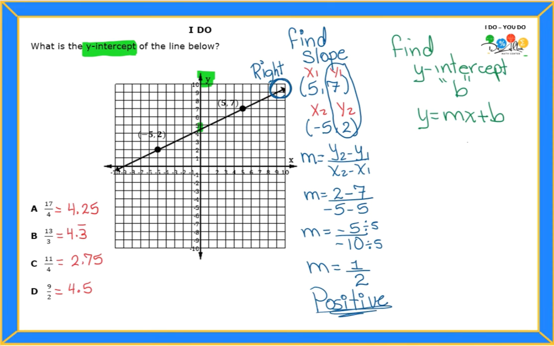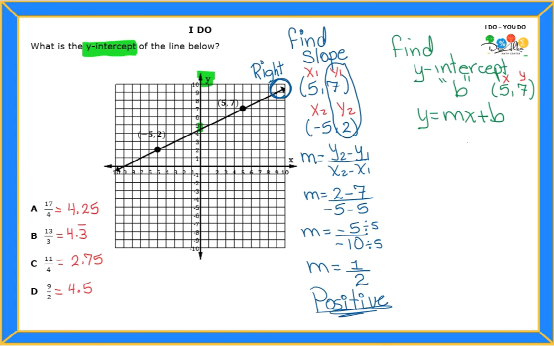So I can choose any point that I have in my problem. I am going to choose (5, 7). So 5 will be my x and 7 will be my y.